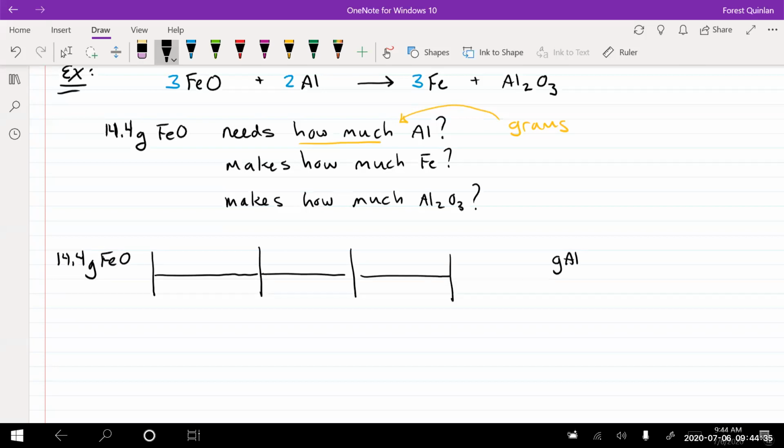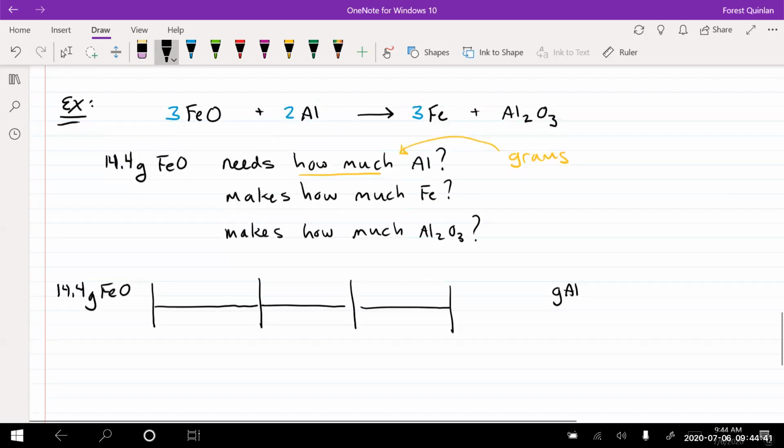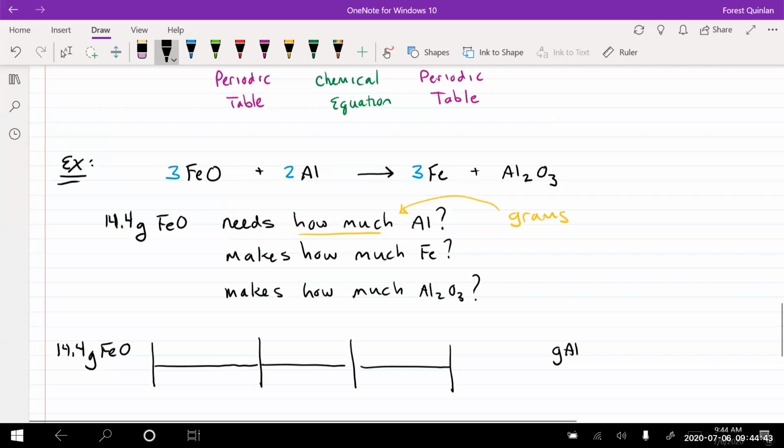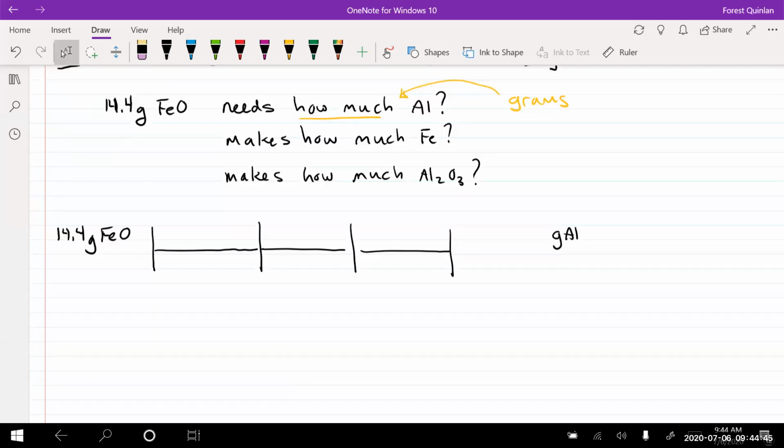Every word I say, I draw a line. 3 boxes matches the 3 boxes I had up there. Coincidence? I think not. So now that we have our boxes, we know the steps we're going to take. We just have to do it.